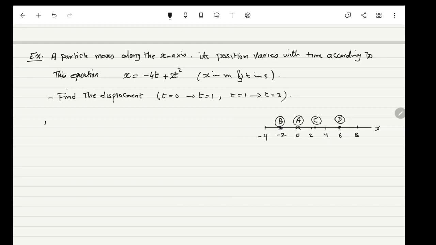So displacement here is equal to x final minus x initial. During the time interval from 0 to 1, the position x when t equals 1, you just substitute this 1 back into this equation, equals minus 4 plus 2, in this case equal to minus 2.